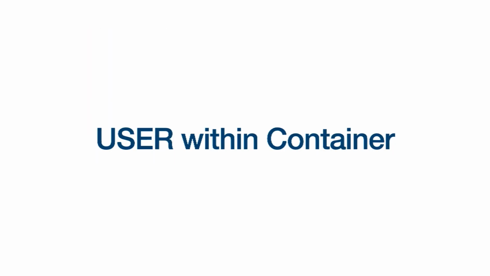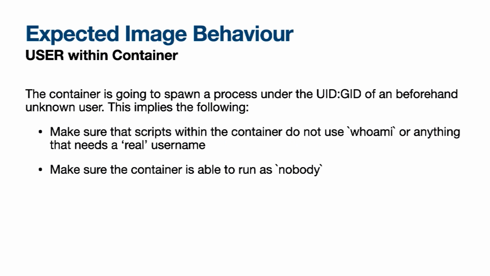The other thing that's very important is that we have some expectations of the user ID and the group ID that is used within the container, because if we use srun in HPC environments, we need to make sure that the processes are running under the user and group ID of the user that actually wants to execute the process. And so the container itself, the /etc/passwd, doesn't know about the real username.